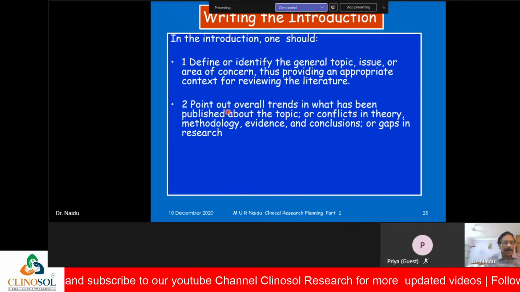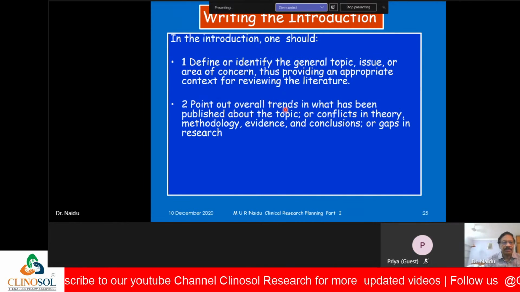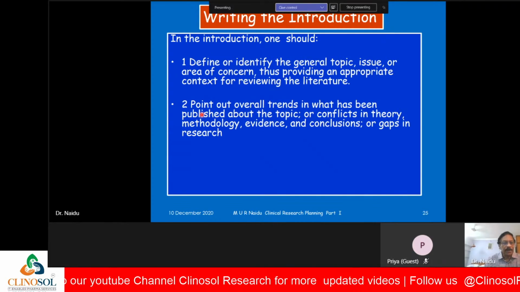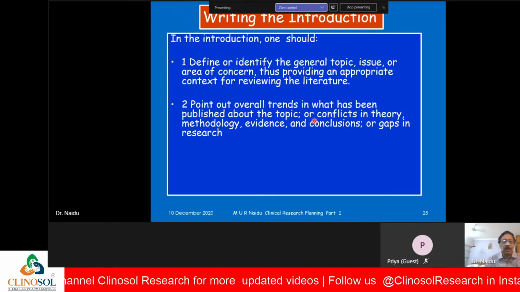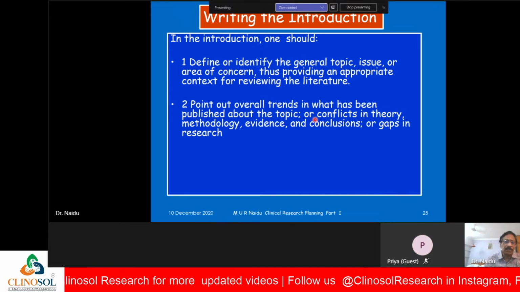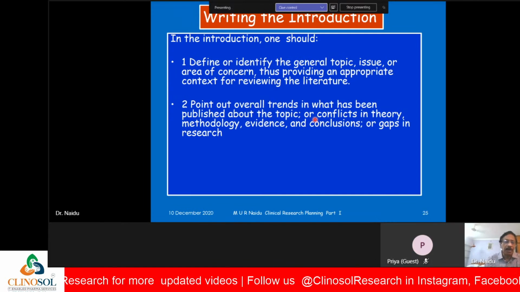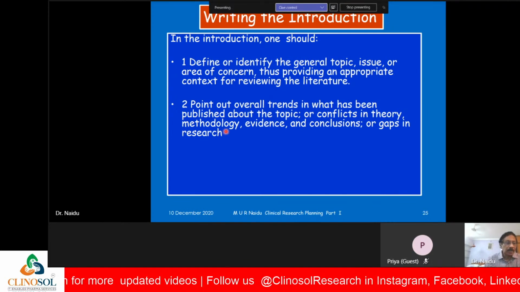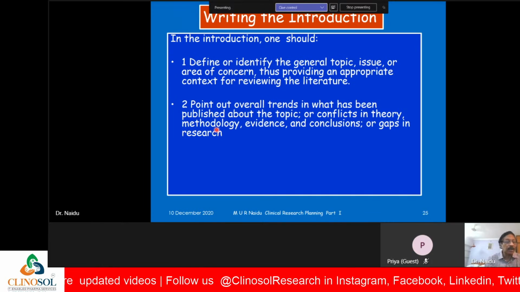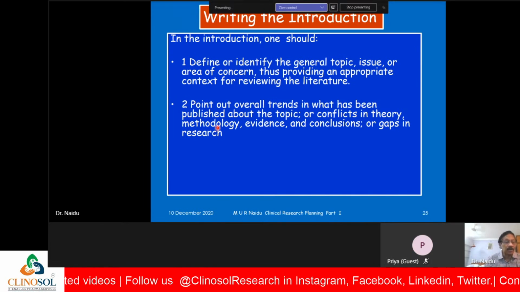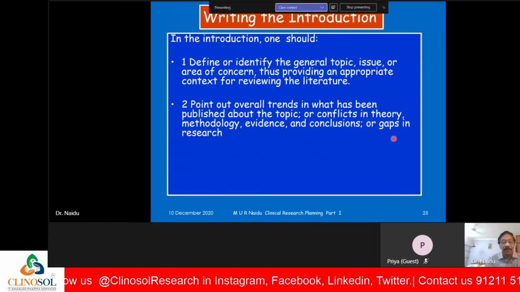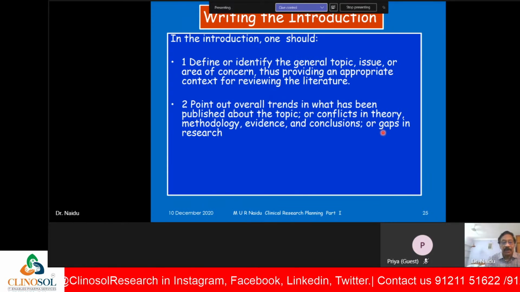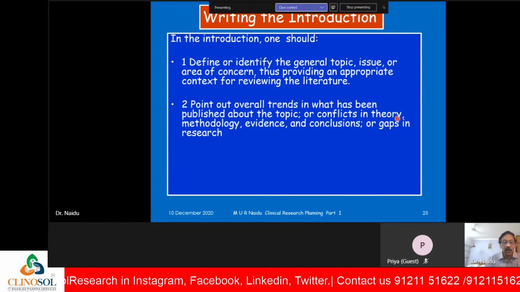Second, point out the overall trend in what has been published about the topic, and what the conflict is. You may find some conflicting theories in publications; put that in. Definitely talk about the methodology, what method has been used, what the evidence is, what the conclusion is, and finally, when reviewing, see what the gaps are.